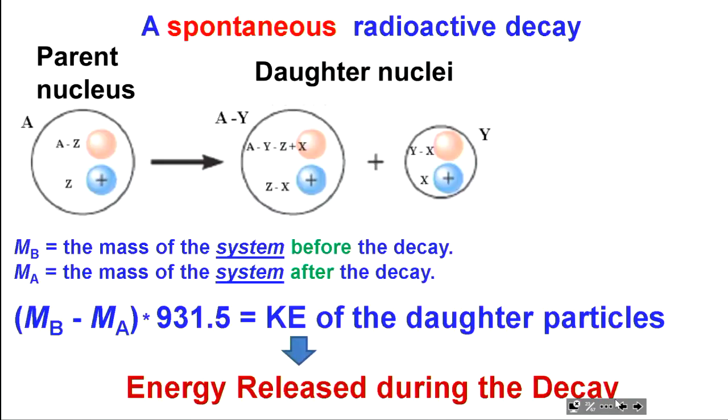For example, this is a spontaneous decay. We take uranium-235, place it, weigh it, and it decays. We call it the parent particle. The debris are called daughter particles. So this parent has 2 daughters. The law of conservation of charge says the total charge remains the same.